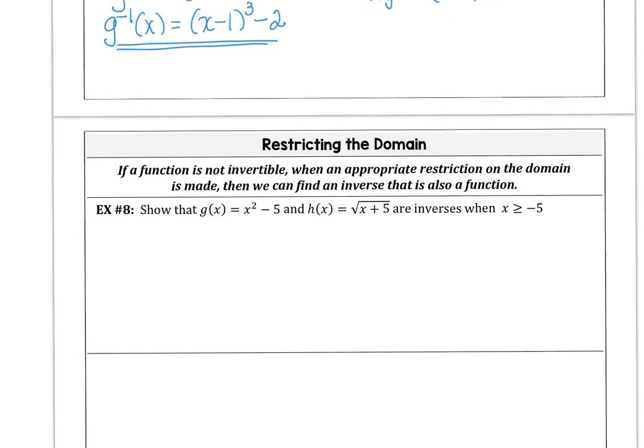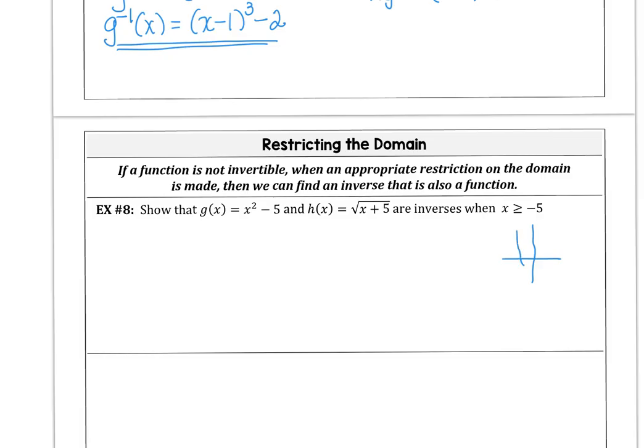If a function's not invertible, when an appropriate restriction on the domain is made, then we can find an inverse that is also a function. But you may have to restrict the domain in order to get a valid inverse. We know that g of x, x squared minus 5, has a domain of all reals.